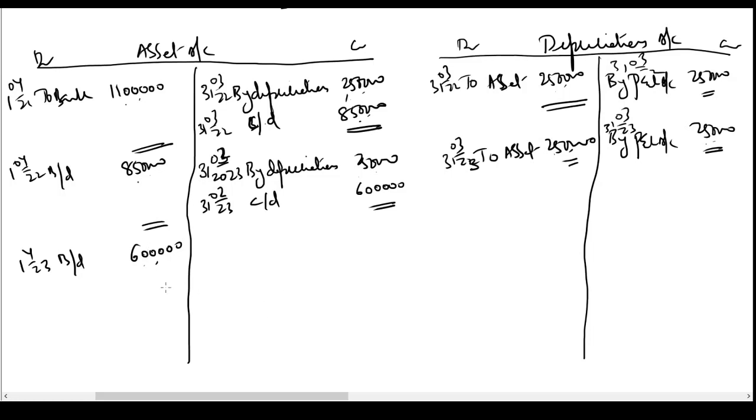Now come back to the asset account. 1st April 23 year starts, 31st March 24 year will end. What is the entry we pass for depreciation? Depreciation account R to asset. So we'll write here by depreciation, again 2,50,000. The amount of depreciation will not change. 31st March 24 to asset 2,50,000.